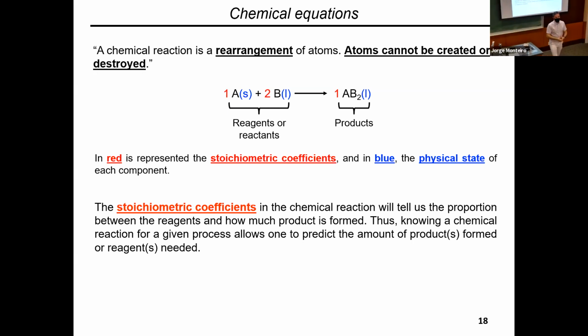So the ratio in mole, attention, the ratio in mole comes from the stoichiometric coefficient. And those are the numbers that I wrote. 1 for A, 2 for B, producing 1 of AB2. Okay, so that's the first information that the reaction will give us.